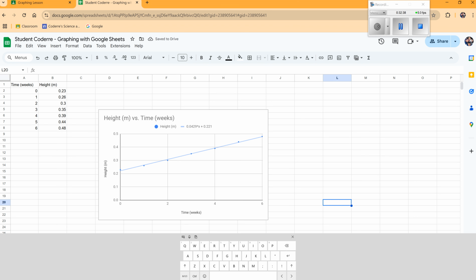Okay, they're now quite obviously not on the line. Would you agree? Does a plant grow perfectly uniformly all the time? No. It doesn't.